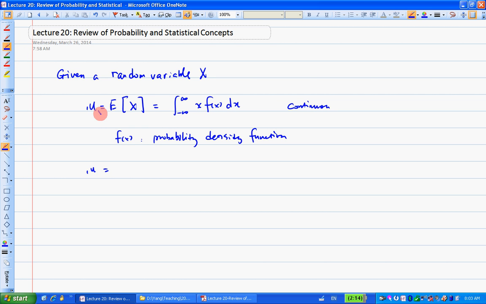Sometimes we write just mu with a capital X subscript to indicate that's the expected value for random variable X. If it's a discrete one, it's the sum over x and f of x, where the small x belongs to a set S of X, basically the set of all the real numbers.